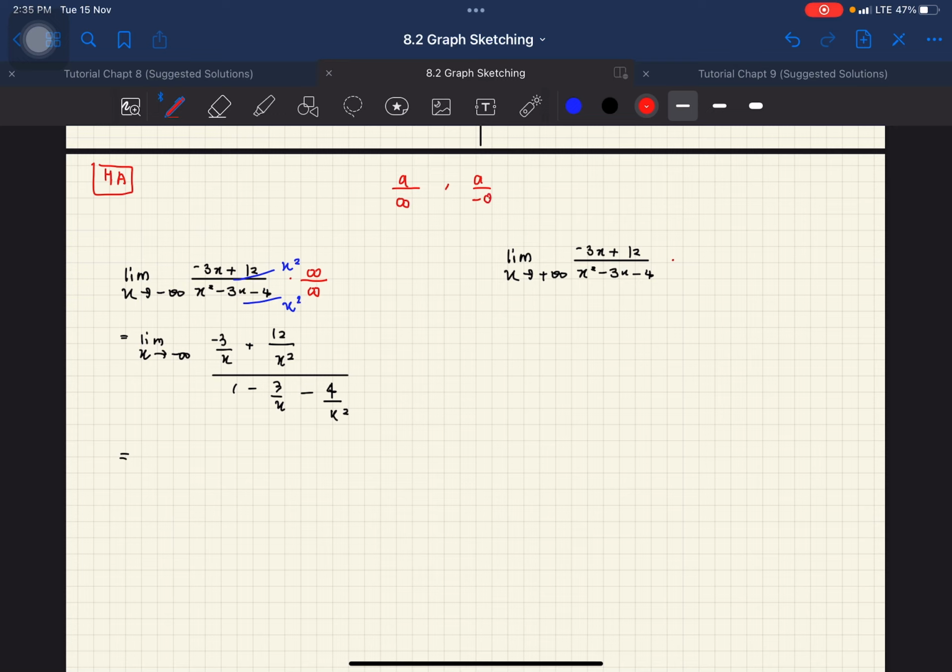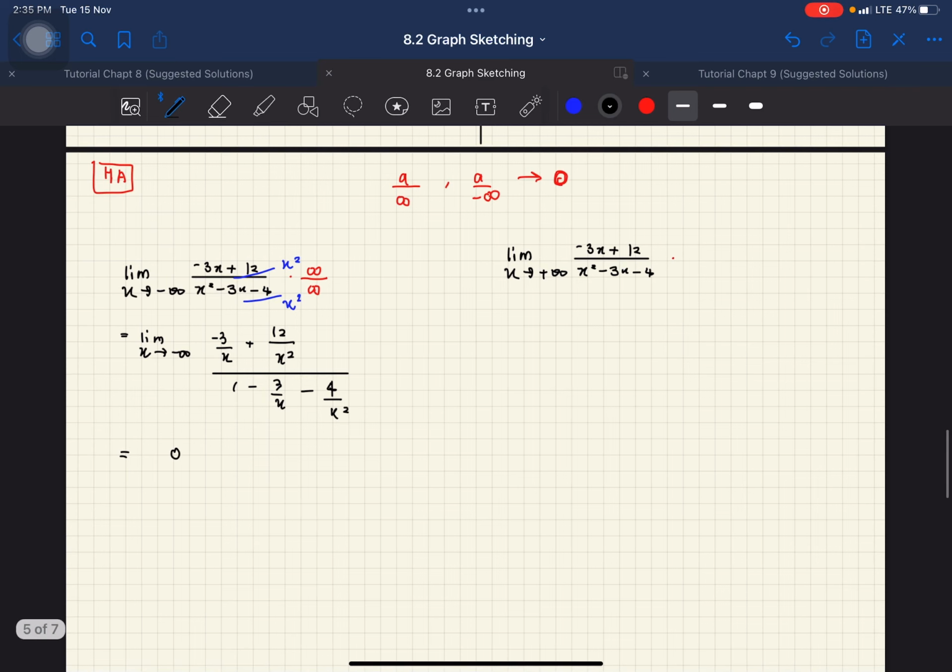Awak akan terus dapat jawapan sebagai kosong. Okay, so dia memang akan very close to 0. Tak kisahlah 0 negatif ataupun 0 positif. So kita akan terus ambil conclusion dia kosong. Okay, so apa yang saya akan dapat dekat sini? I will get 0 plus 0 over 1 minus 0 minus 0. Jawapan kita adalah kosong. Saya dah dekat situ.